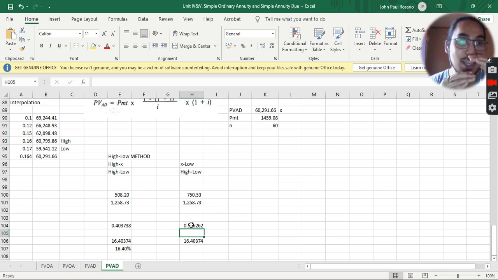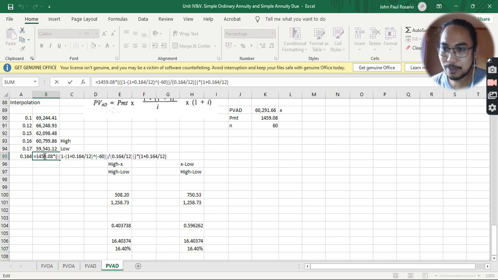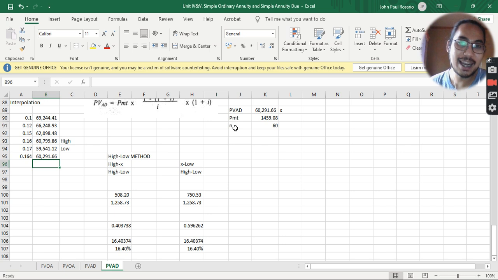That means we need to deduct whatever we have gotten from 17. So this should give us 16.4%. Let's try 16.4% and see if we arrive at our target amount. At 16.4%, we have actually arrived at our exact amount.